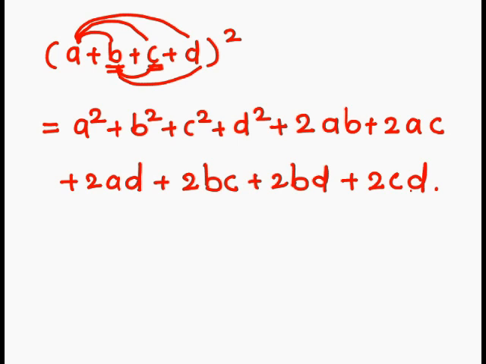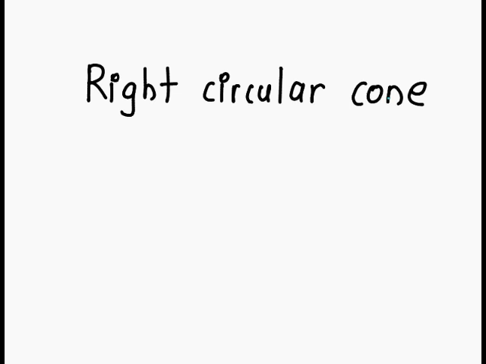Now we start. What is a right circular cone? What are the basic terminology or terms of the right circular cone? We understand one by one. First of all, the basic thing we require is the vertex of that cone, with coordinates alpha, beta and gamma.